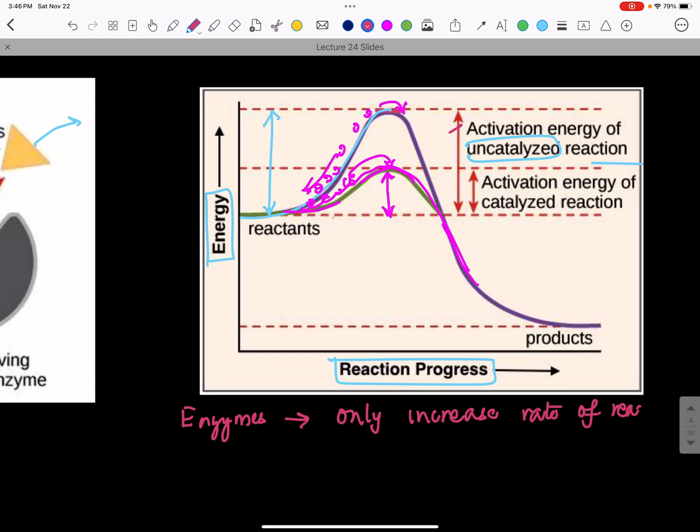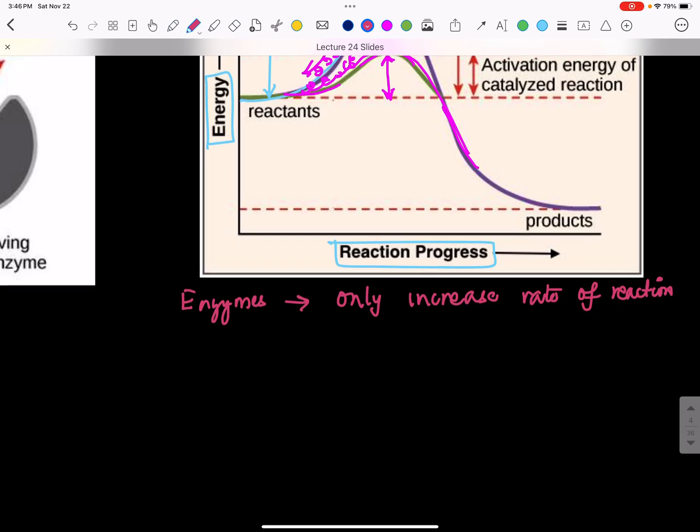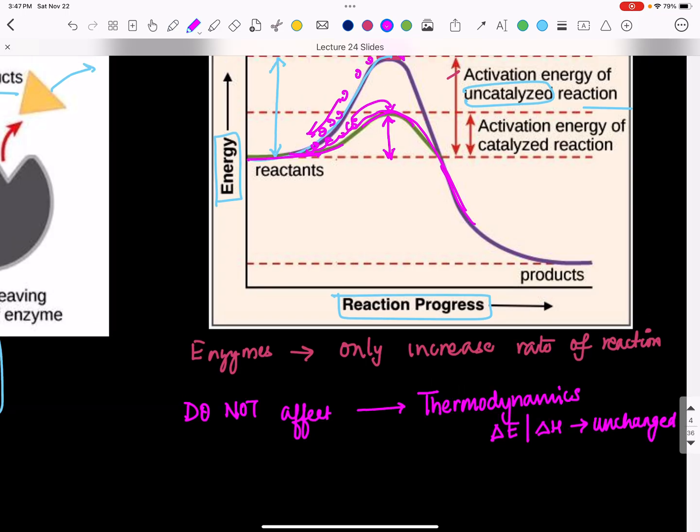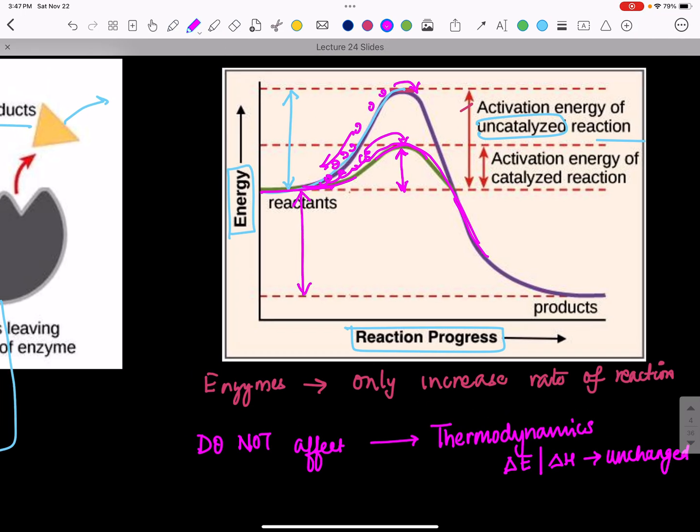It is important to note that they do not affect the thermodynamics, meaning any of the delta H or delta E of the reaction. These are unchanged. They remain as is. They will be the same whether we have an uncatalyzed reaction or an enzyme catalyzed reaction. You will end up having the delta H or delta E that will be the same.